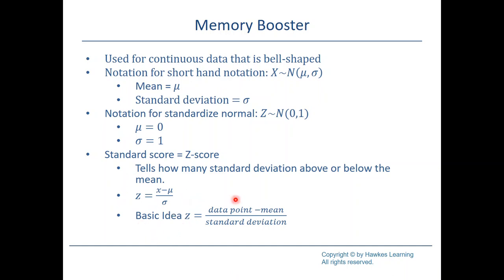So the basic idea is to take the data point minus the mean and divide all of that by the standard deviation. So I know literally how many standard deviations it is away from the mean, whether it's above or below. Okay, and that's basically the sum of all of 6.1. We will go into a lot further detail on the rest of the ideas of a normal curve.